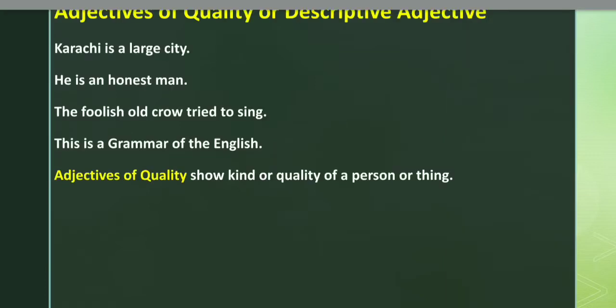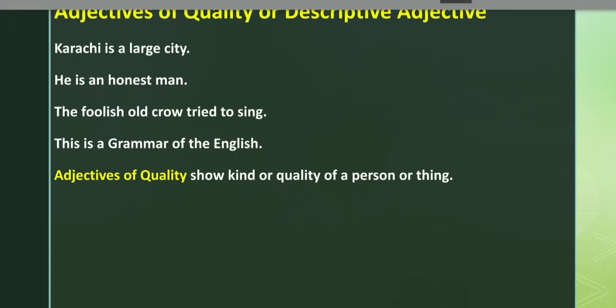First type of adjective is called adjective of quality or descriptive adjective. Look at the examples. Karachi is a large city. He is an honest man. The foolish old crow tried to sing. This is a grammar of the English.